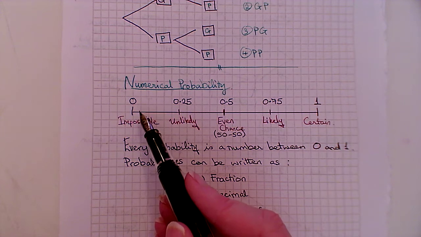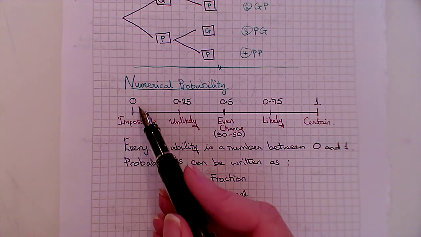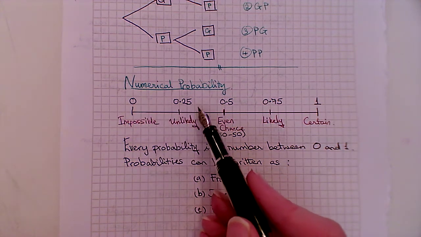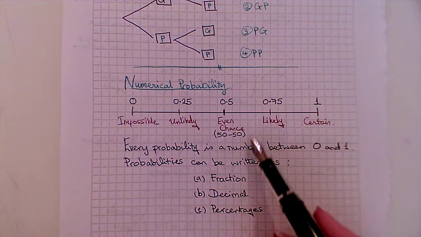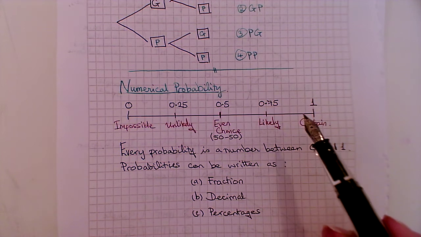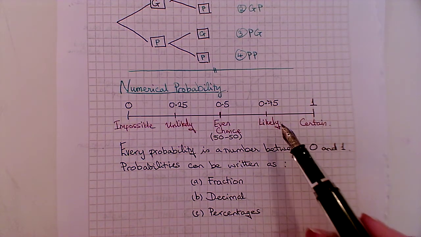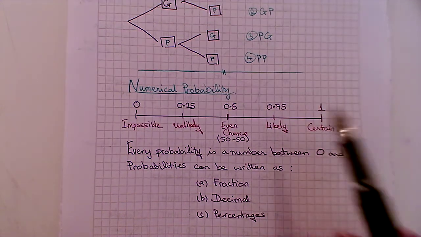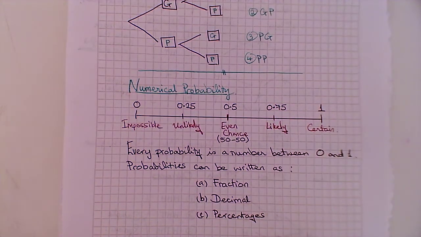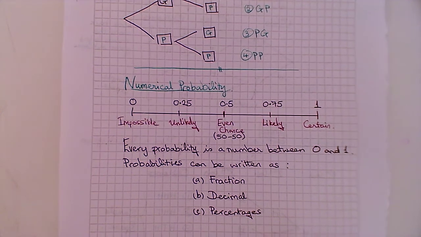Now, this allows us to represent probabilities between all of these different labels that we have. So we can compare whether things are more likely than each other, even if they're quite close together, because we can put an exact number on them. So this is really important to know.